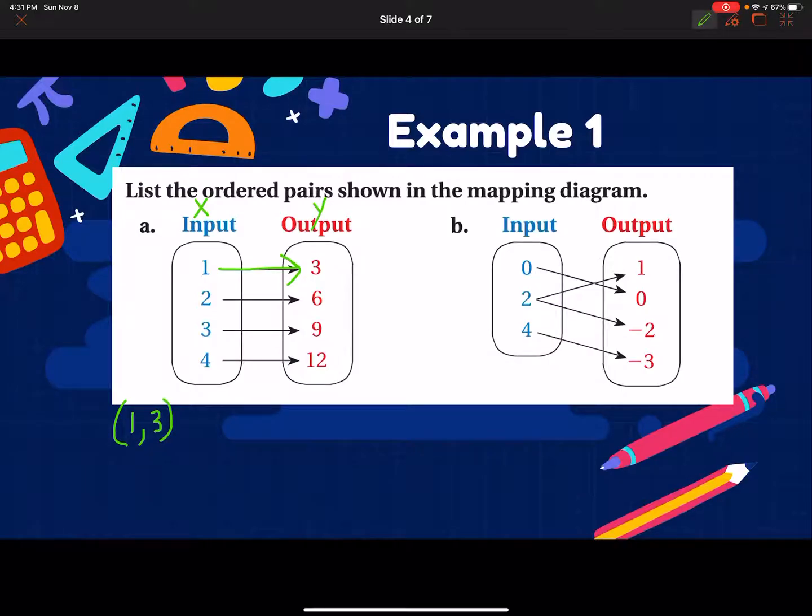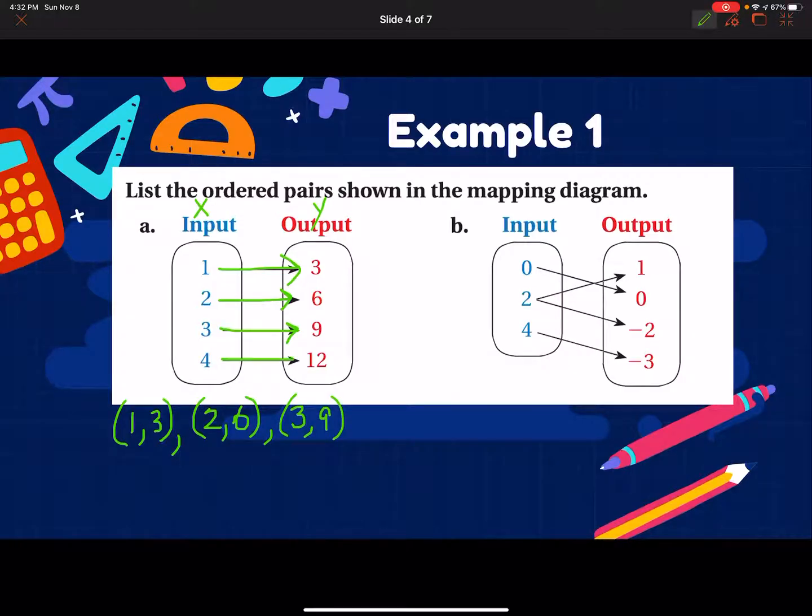Then we're going to separate this with another comma, and we're going to pair up our next number in the list, which is 2 and 6. So the next ordered pair would have an x value of 2, a y value of 6, comma. Next we have 3 and 9 as an ordered pair, so 3, 9.